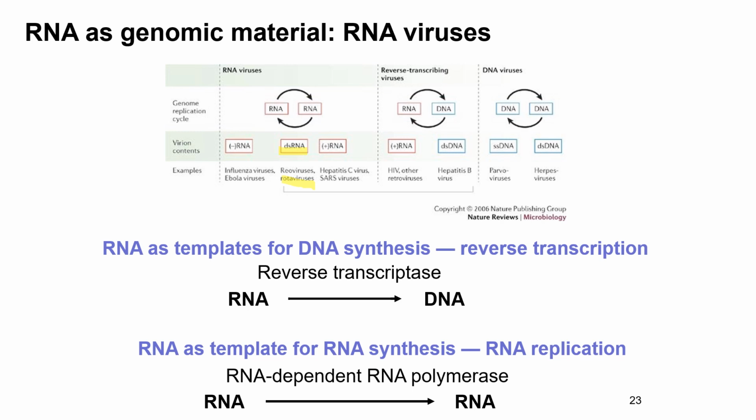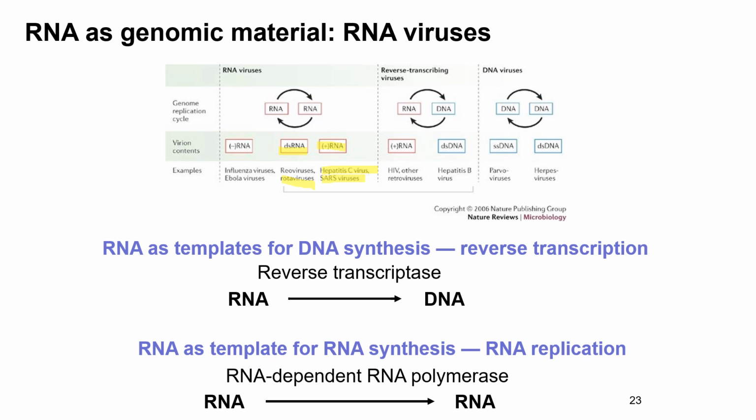The single-stranded viral RNA can be positive sense, meaning that they are just like mRNA and are ready to be immediately translated into viral proteins by the host cell. So hepatitis C virus, as well as the COVID-19 virus, are positive sense RNA viruses.